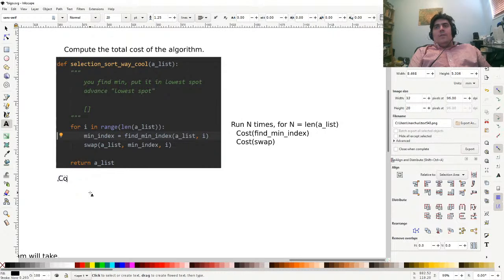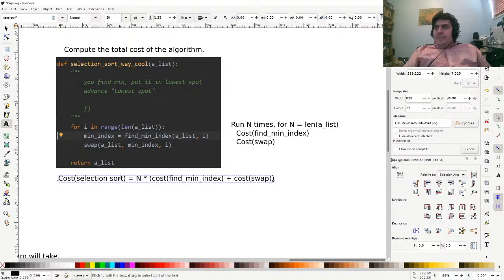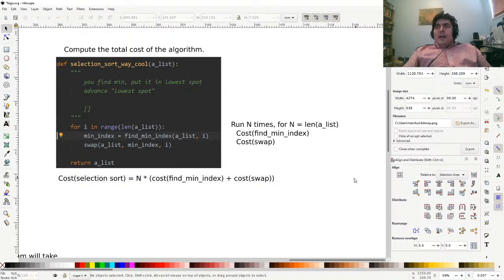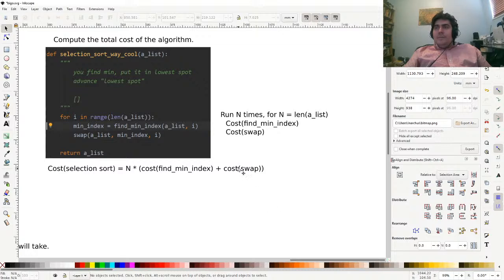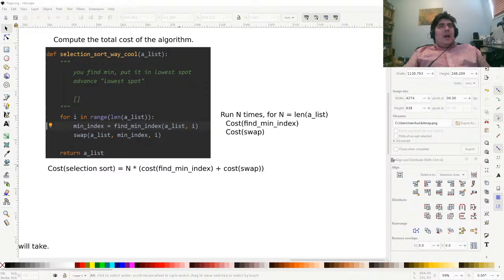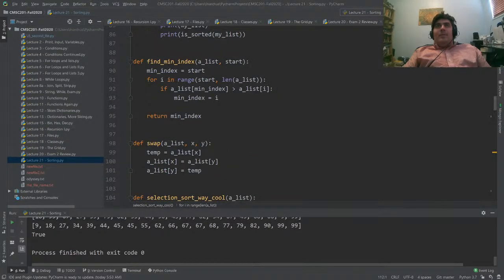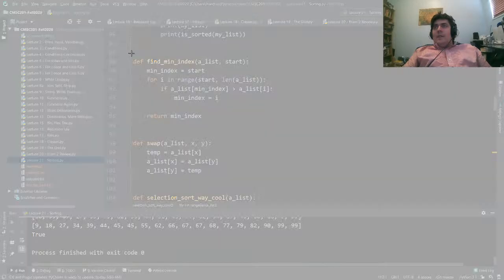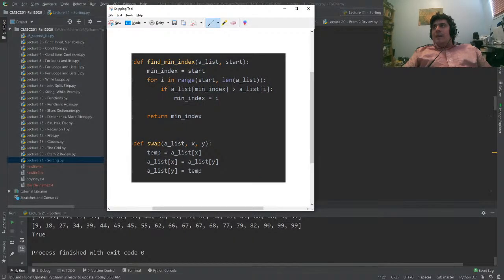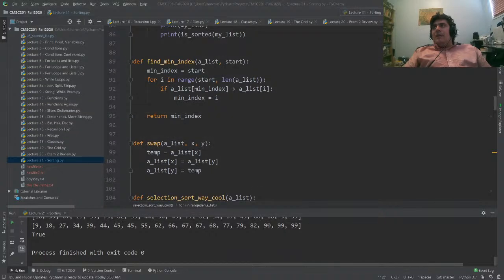So selection sort is going to be equal to n times the cost of find min index plus the cost of a swap, and plus maybe 1 for the return, but we can ignore that for now. So first we have to compute the cost of the find min index and the cost of the swap function. So let's copy paste both of those into the thing.